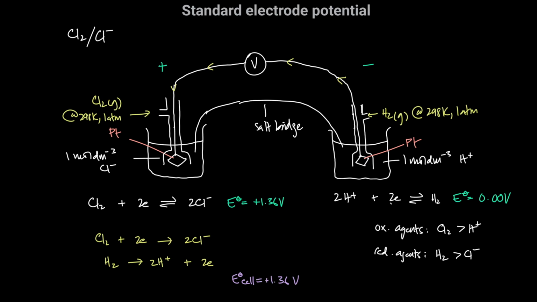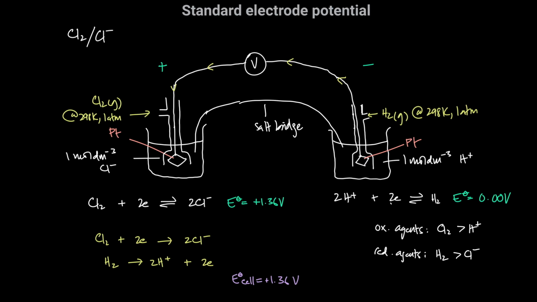But again, conceptually, the standard reduction potential is a measure of strength as oxidizing agents. It's a better oxidizing agent, so its standard reduction potential will be positive. It's a better oxidizing agent than H plus.